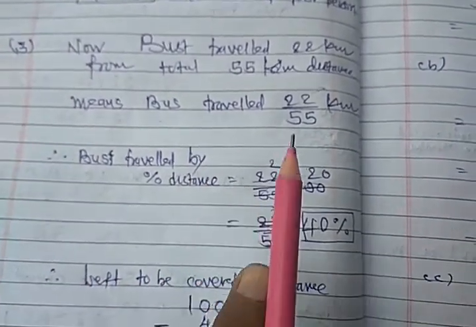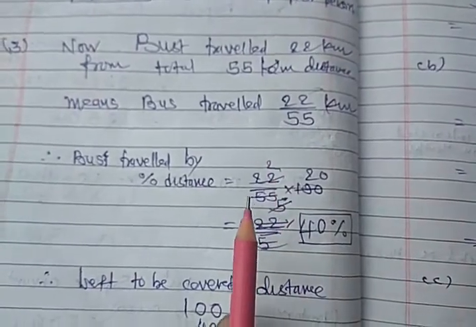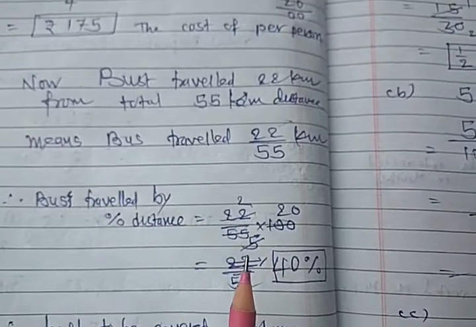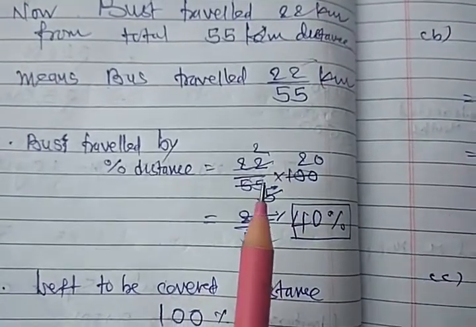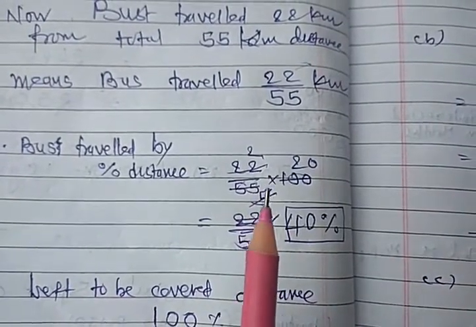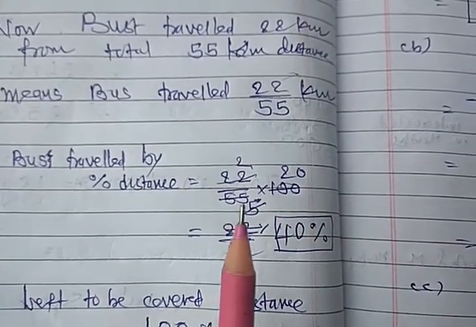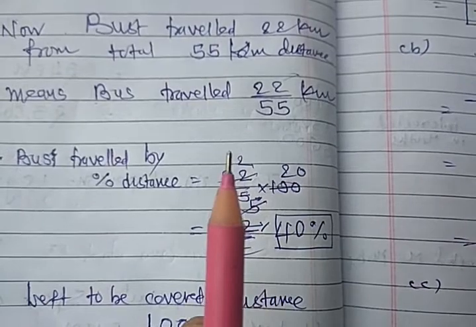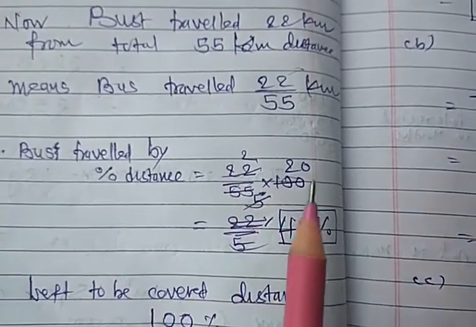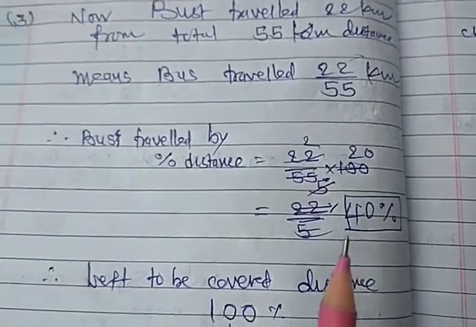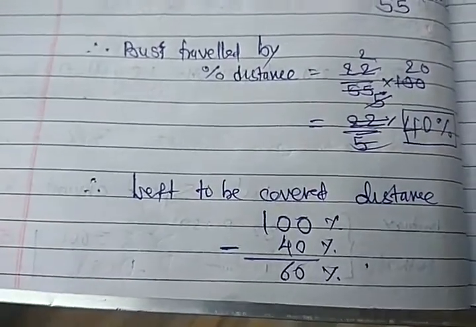Whatever the bus travels, 22 upon 55, when we convert it into percentage, we simply multiply by 100. So 22 upon 55 multiplied by 100. Now you see here, 11 5s are 55, 11 2s are 22, and 5 20s are 100. So you will get 22 2s are 40. So your answer is 40 percent.